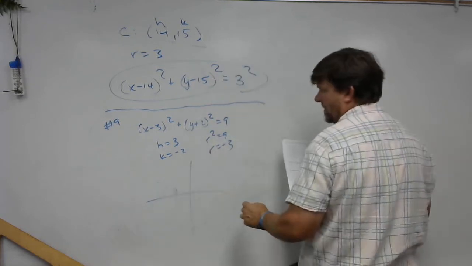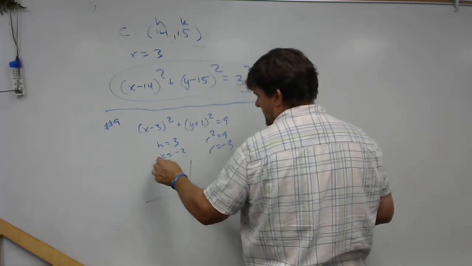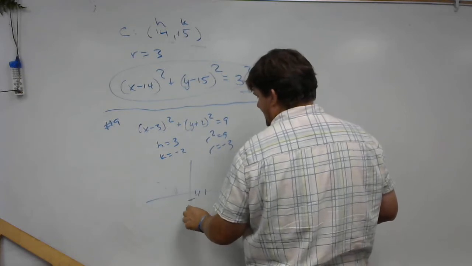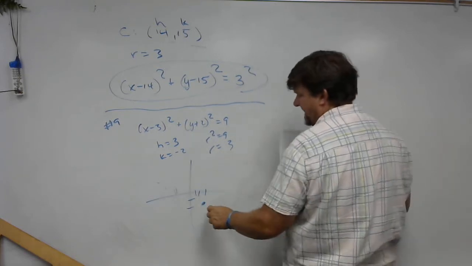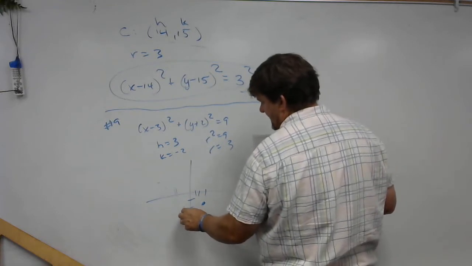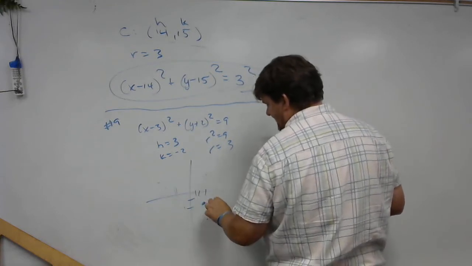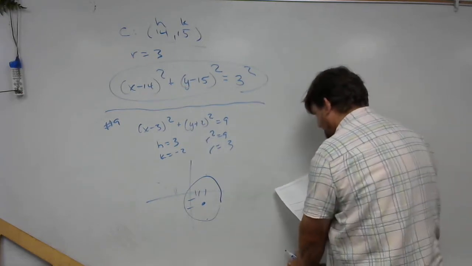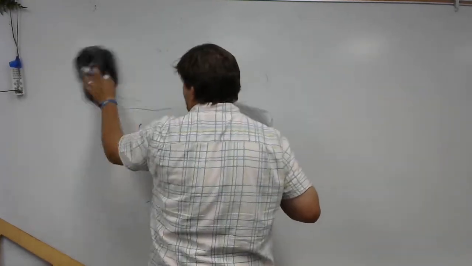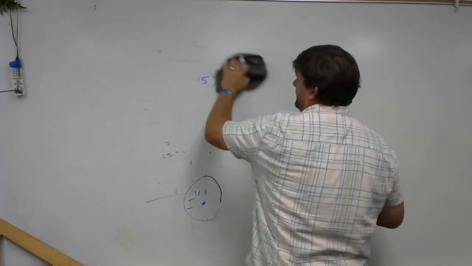We're going to go down here to 3 and negative 2 with a radius of 3. So we're going to go out 3 on all sides and draw our circle. It should look something like that. That was number 9.